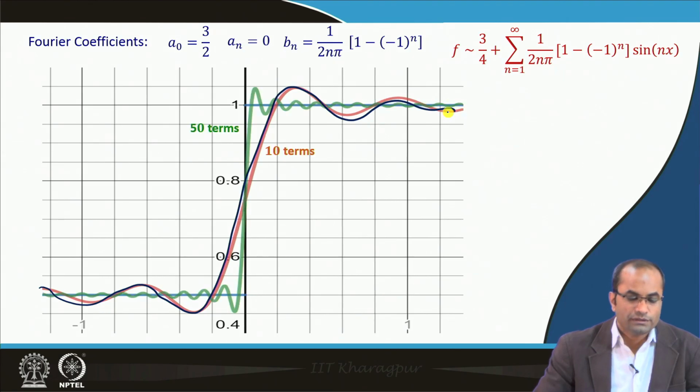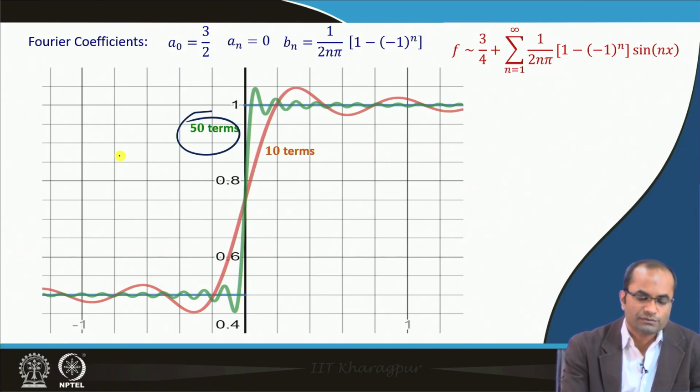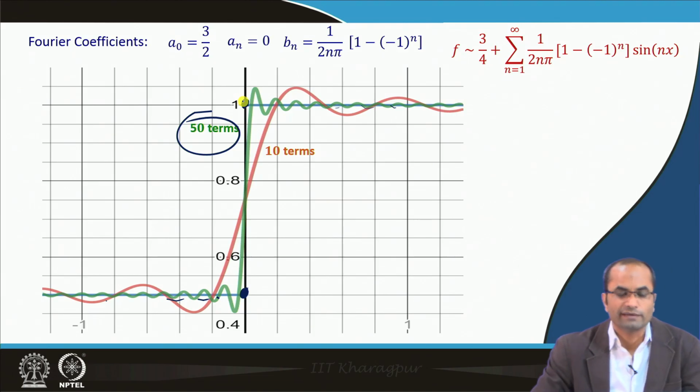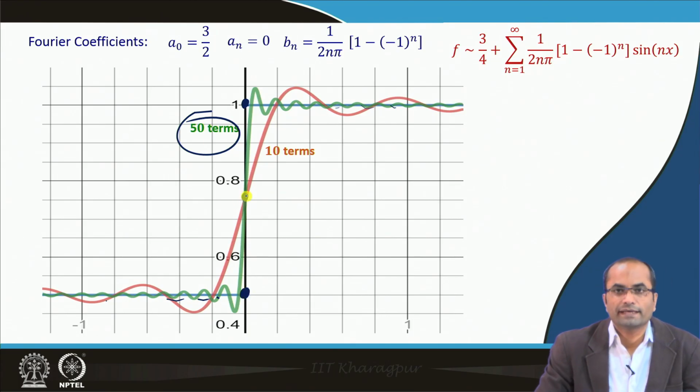But what if we take more terms, for example 50 terms here? Now you can see it is quite close to the function here as well as here, but there is a point, the discontinuity point, where the function value on this side was half, and then on the other side we have the value 1. It is problematic, and the series is always crossing at the middle value between 1 and 1 half.